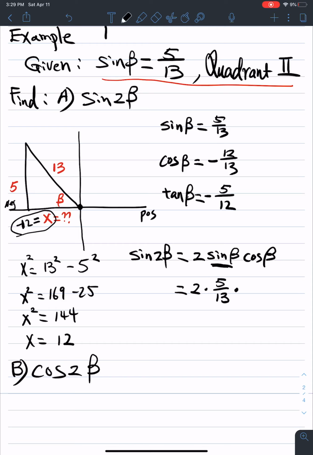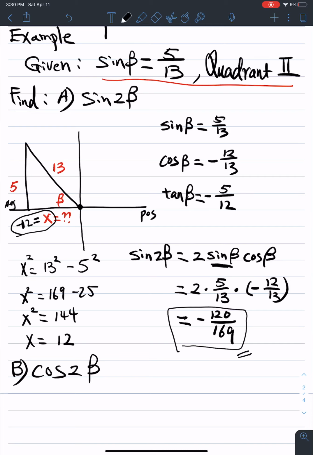What's the cosine? -12 over 13. So when we combine them, we get -120 on the top. And 13 times 13, we get 169. Can I simplify them? No. So we are done for part A.